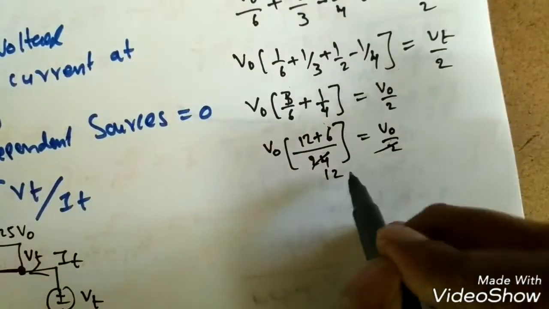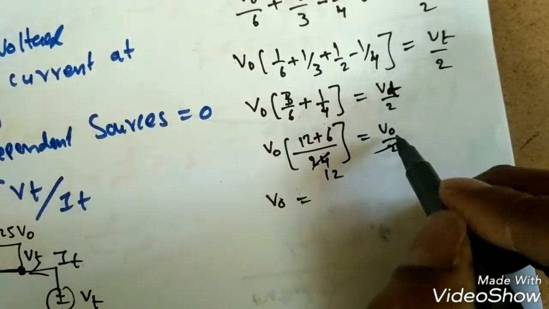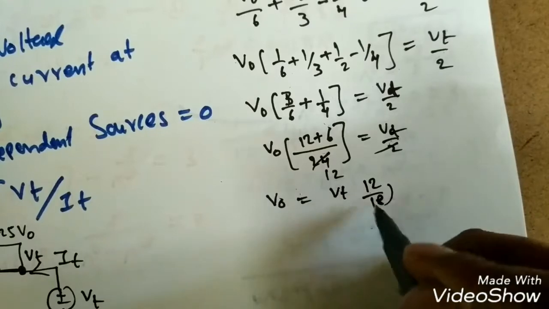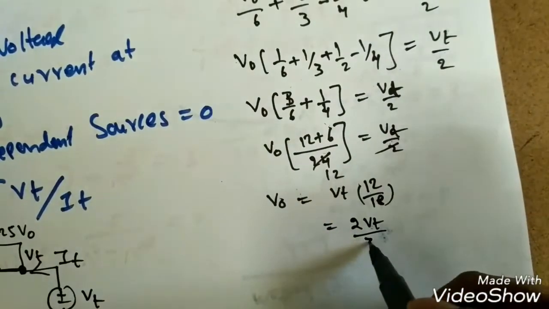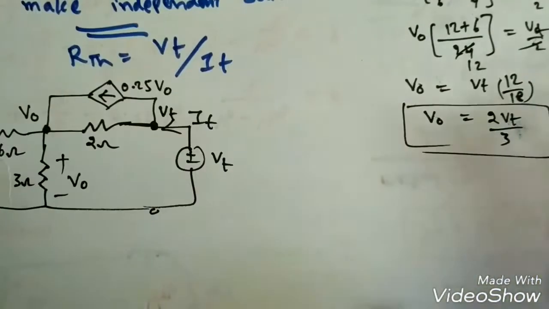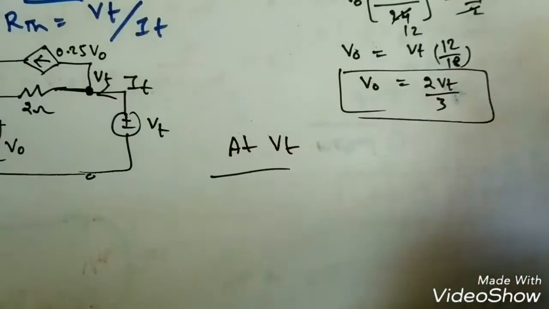So 2 12, so V0 is equal to, this is Vt, not V0, Vt into 12 by 18, right? So 2 Vt by 3. So this is the V0, right?